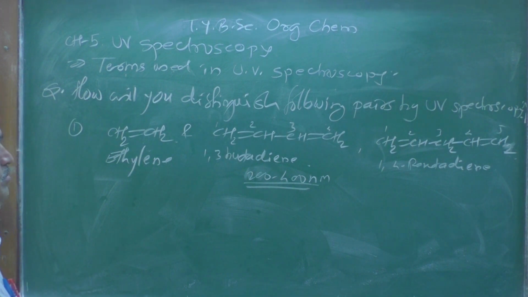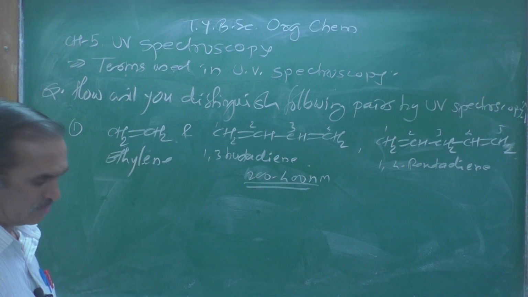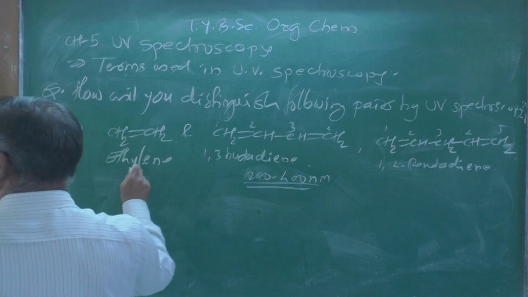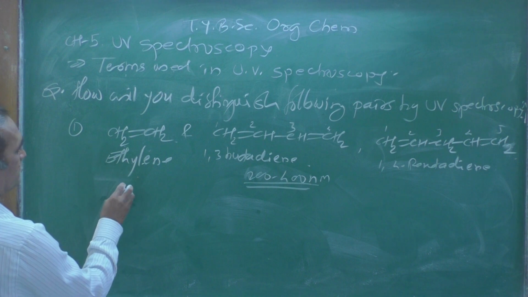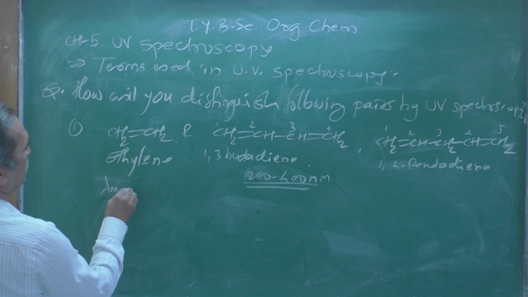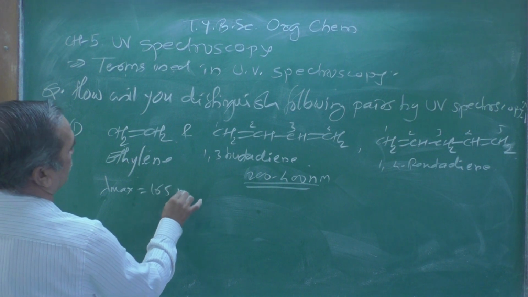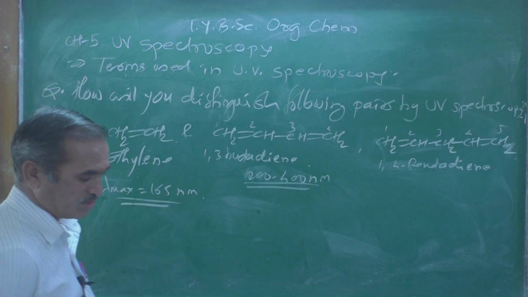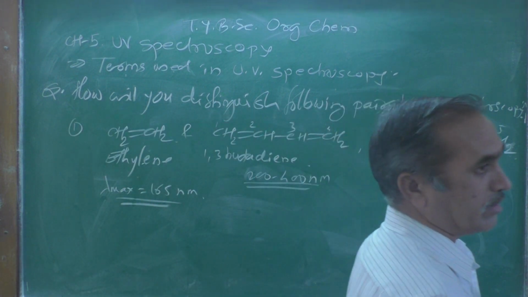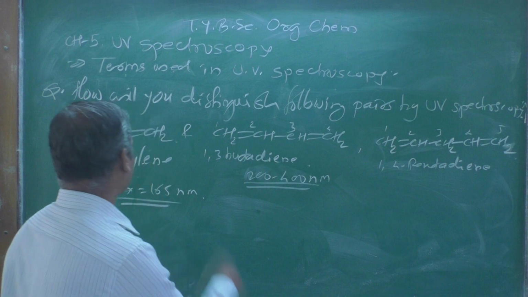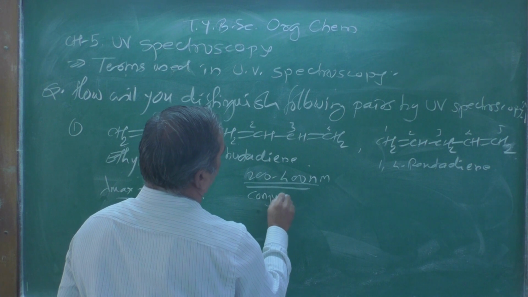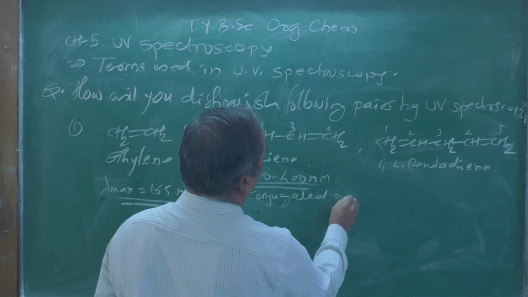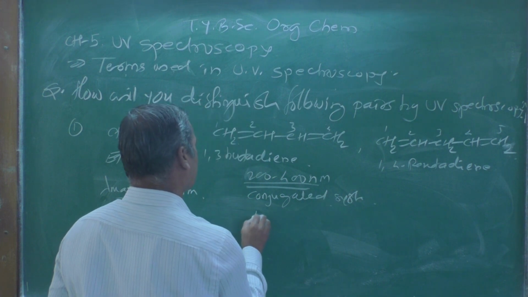It can show a lambda max at 165 nanometer, which is characteristic of an isolated system. Now this one is a conjugated system, known as a diene system.